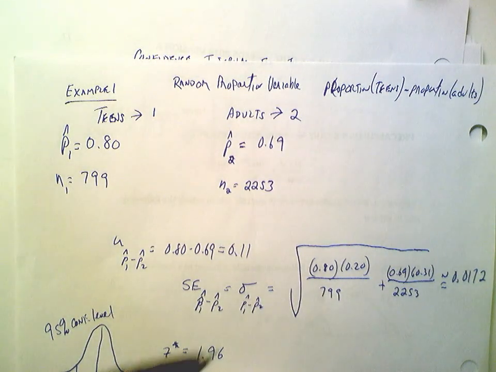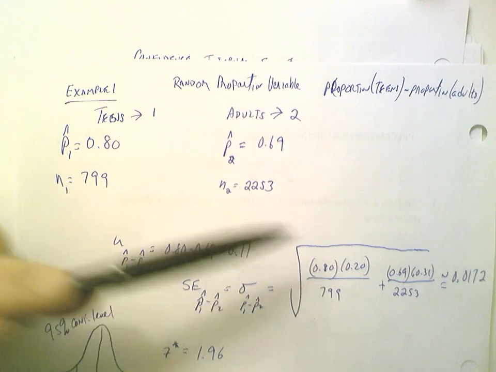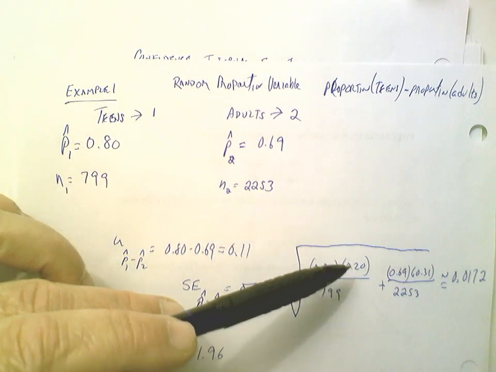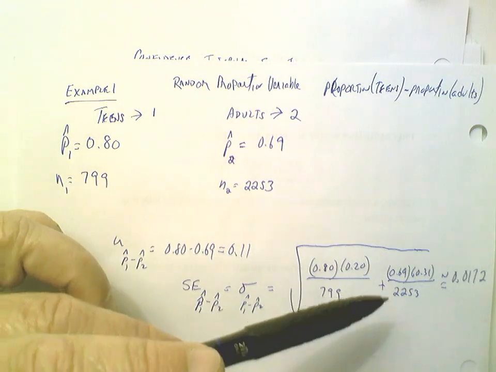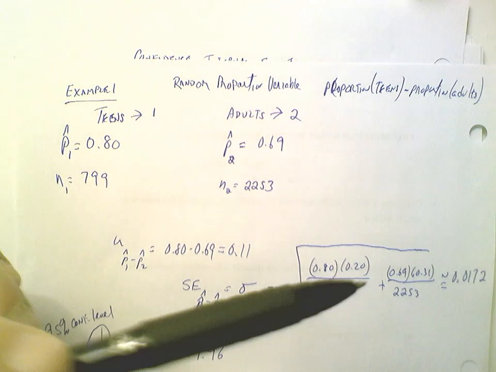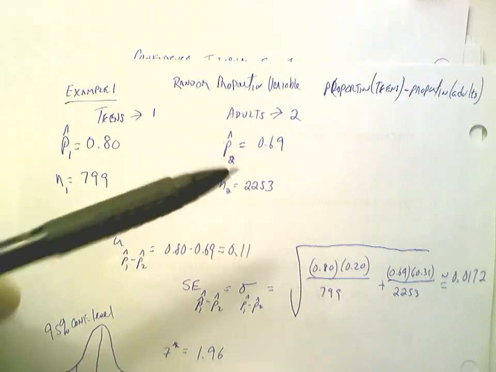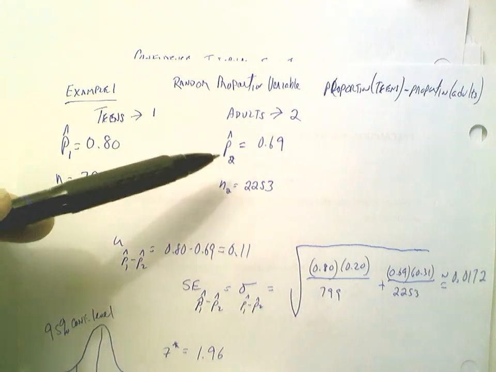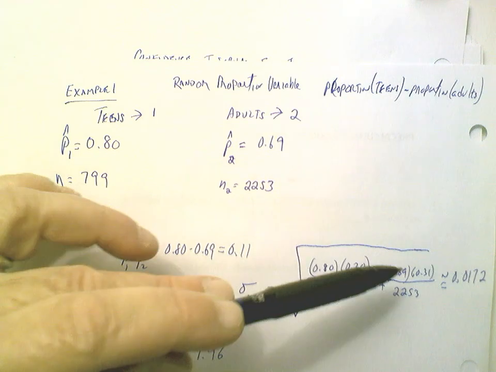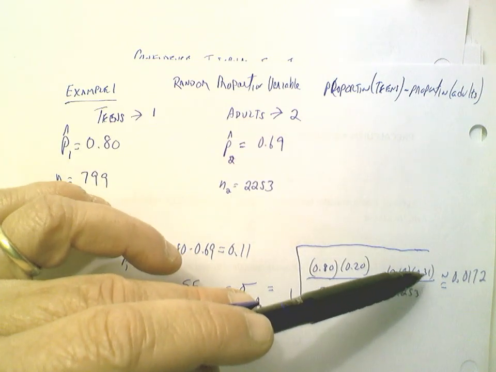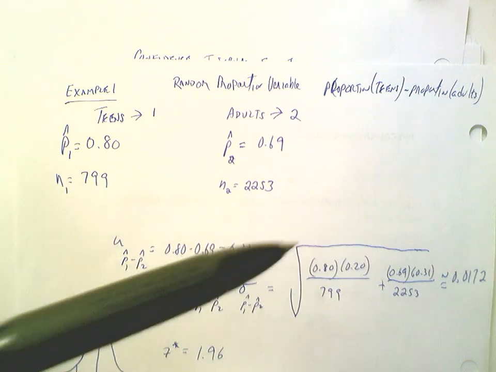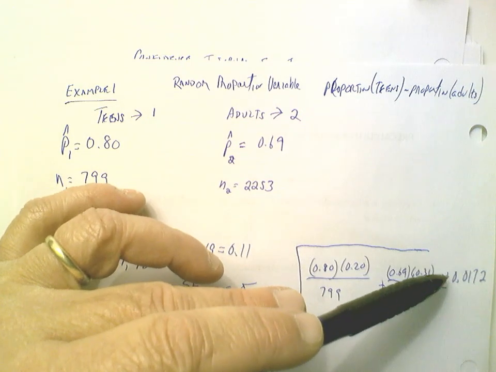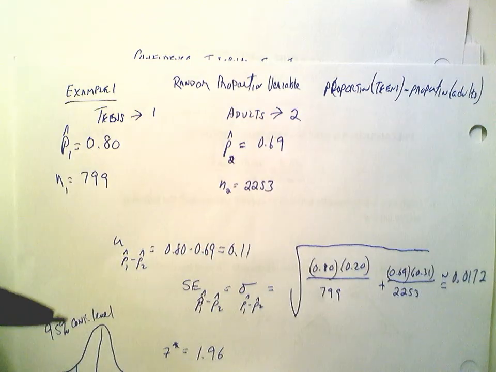So what did I do? 0.80 times 1 minus 0.80, 0.2, over 799. And remember, variances add, so we add them and take the square root. My second term is 0.69 times 1 minus 0.69, 0.31, divided by n sub 2, 2253. When I calculate that, I have 0.0172 if I take it out to 3 decimal points.